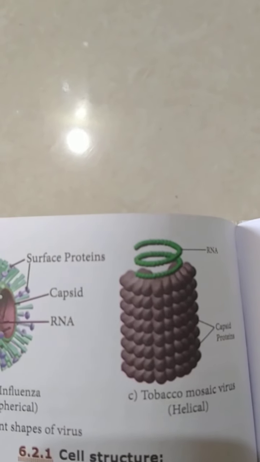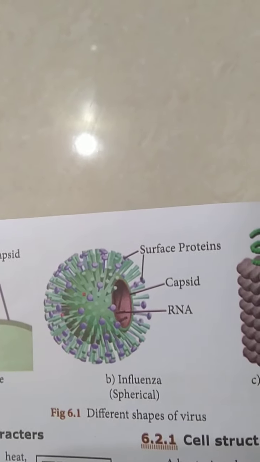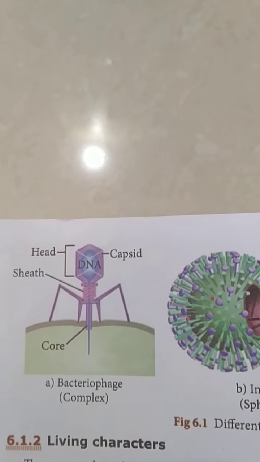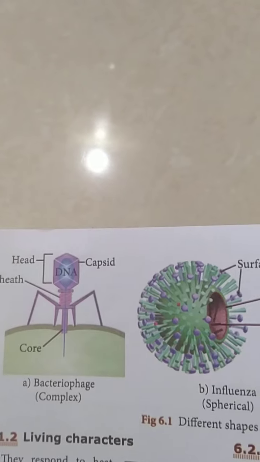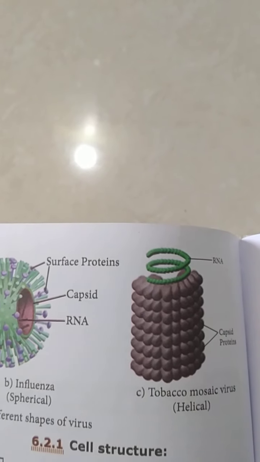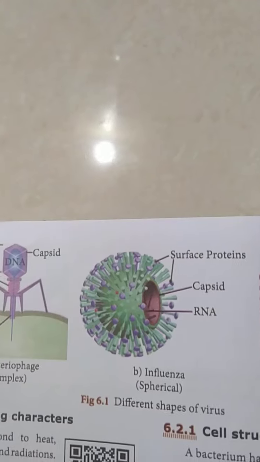These are the different shapes of virus, and there are three types: bacteriophage, influenza, and tobacco mosaic virus. Okay, students, so thank you.